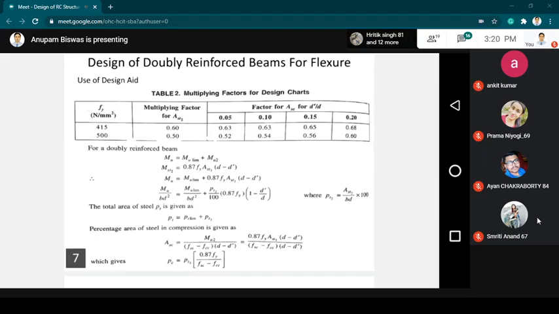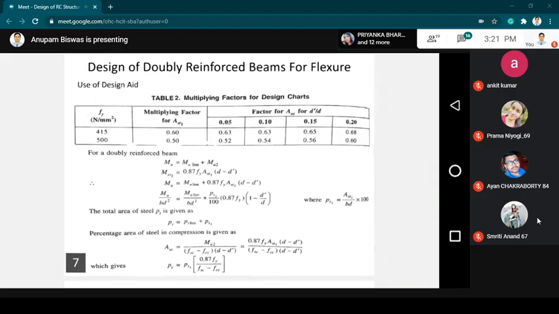Okay, so from this design chart and the table, as you can see, doubly reinforced beams are designed, and from here we can actually see for different grades of steel, and for a multiplying factor, that is AST2, we will get the factor for ASC, that is in terms of d dash by d.